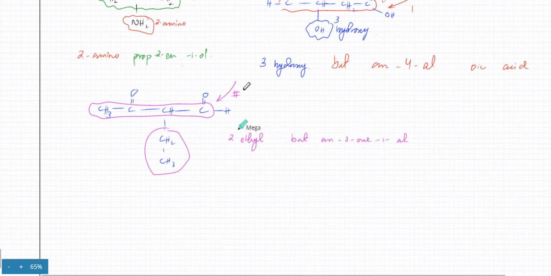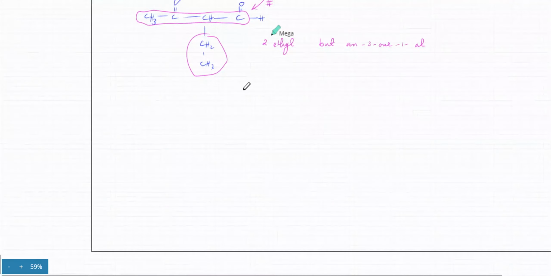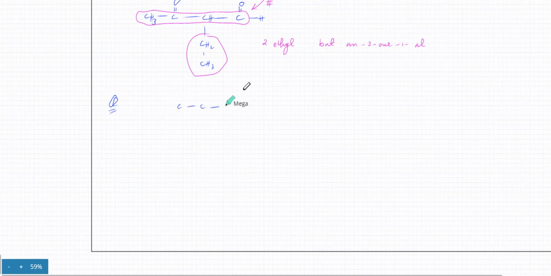Yes, sir. So I'm going to give you questions, just randomly. Try doing this exercise. So the question is, try naming this molecule.